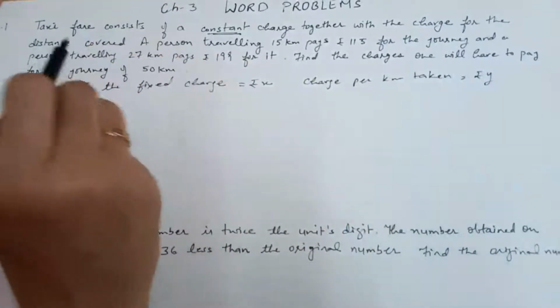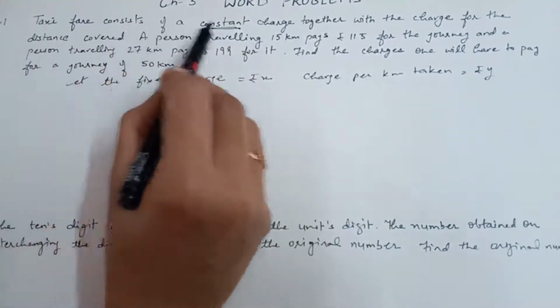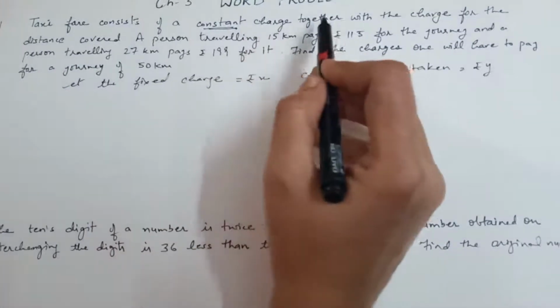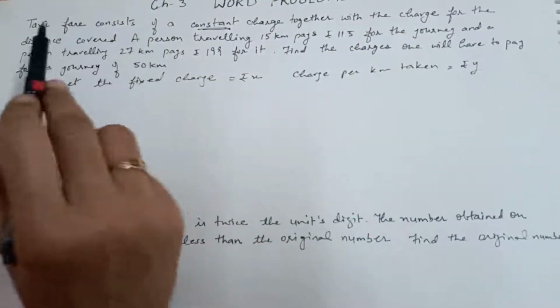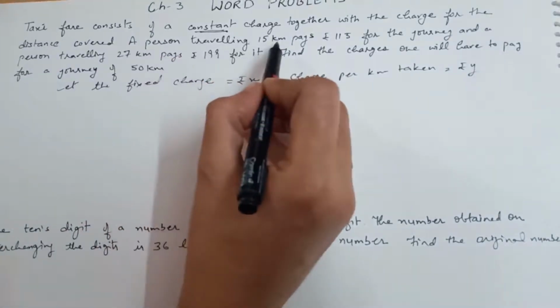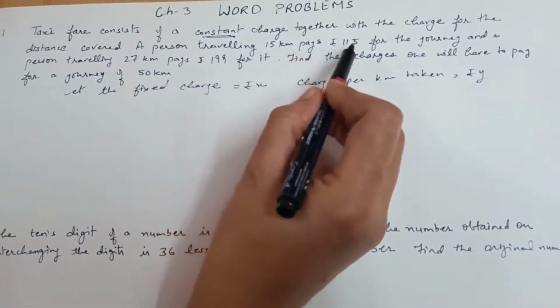Two kinds of charges are there. A person traveling 15 km pays rupees 115.